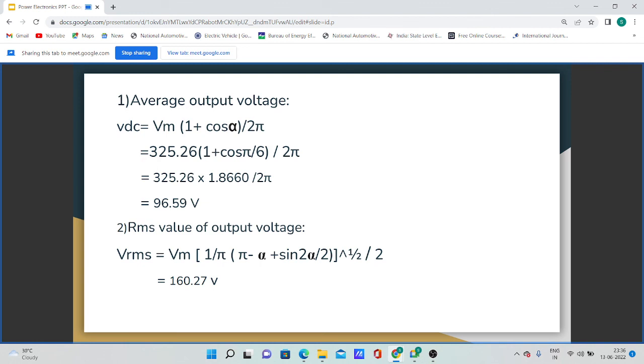By definition, it is the angle in the AC cycle at which the thyristor starts conducting at the application of the positive voltage to the gate, and it is called the firing angle. It is denoted by alpha, and by putting the value of alpha, pi by 6, and the value of Vm, we get 96.59 volt, which is equal to VDC.